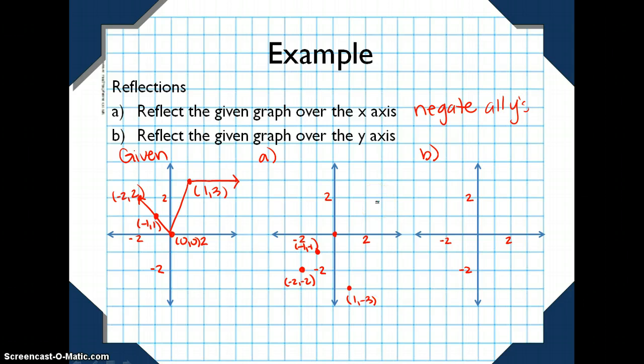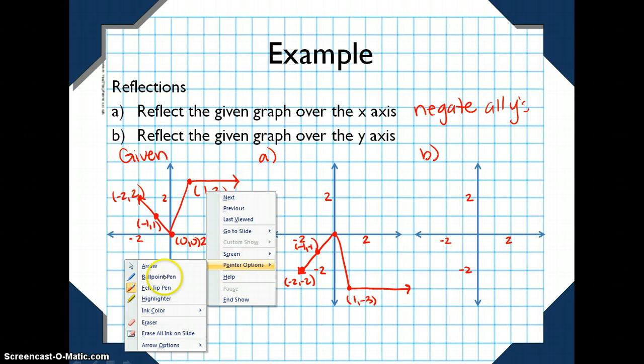Okay, from here you just connect your dots, making sure that the graph remains similar to the original. And you're done. If we were to draw the original one back on, I'm going to do it in a different color just so that you can see the difference between the two.